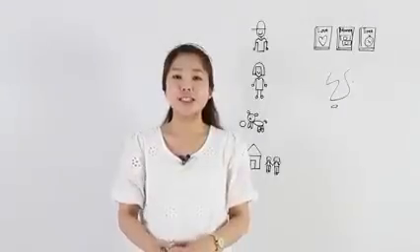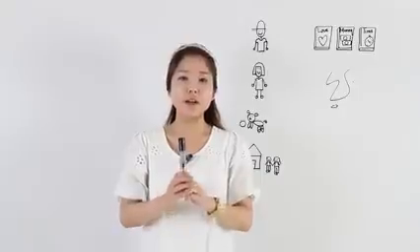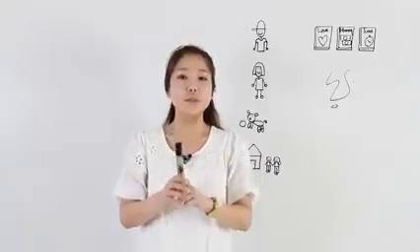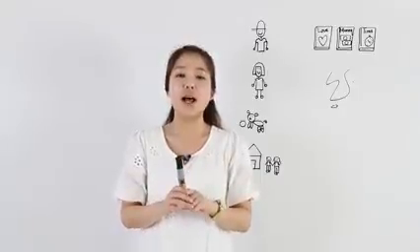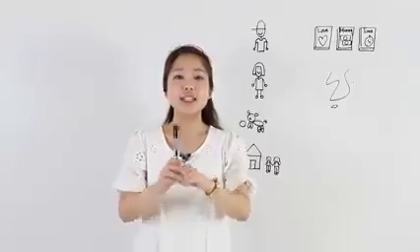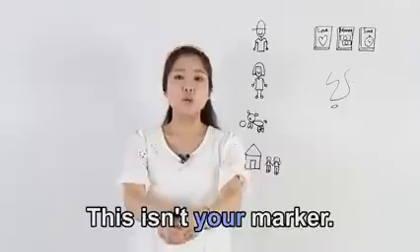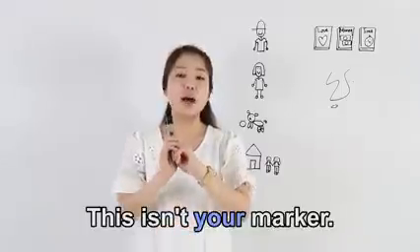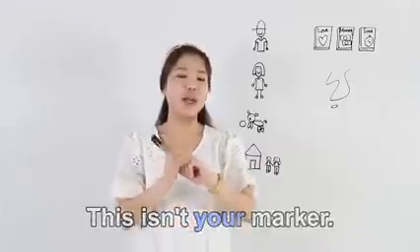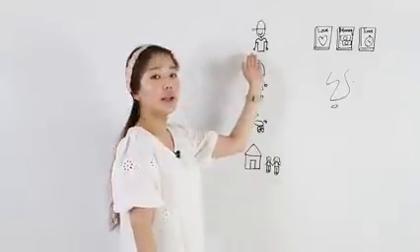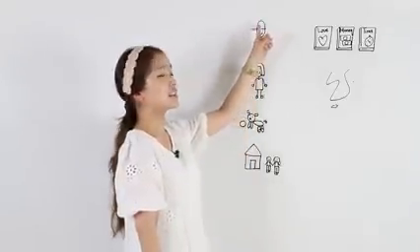Okay, let's practice together. Here I have a marker. It belongs to me. So I have to say, this is my marker. This isn't your marker. This is my marker. Let's look at this boy. He has a hat.